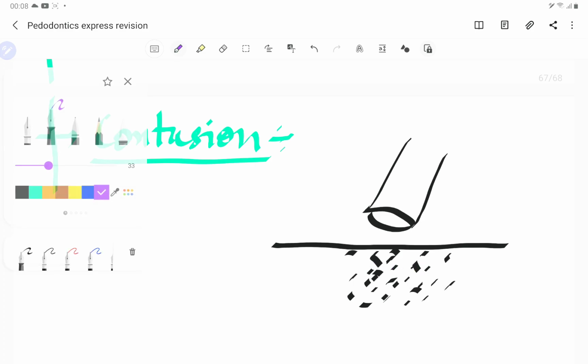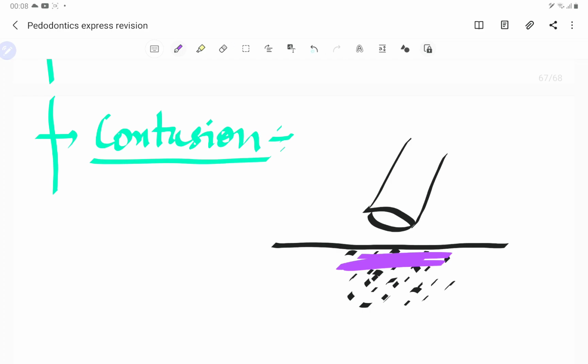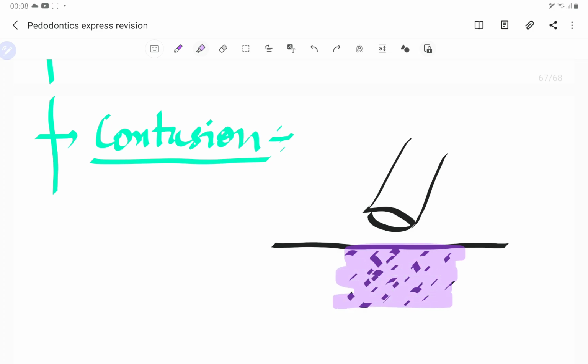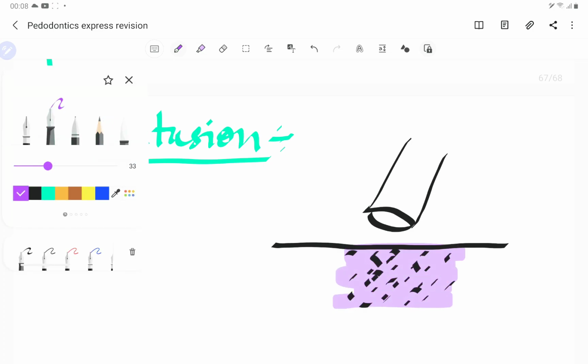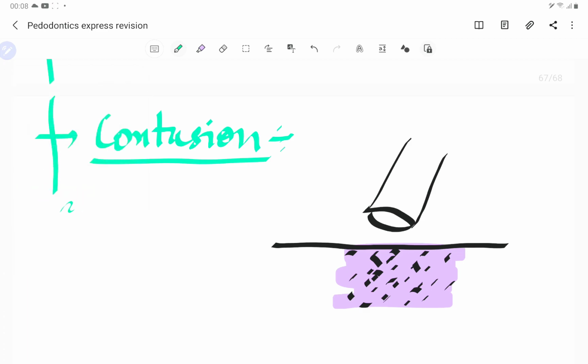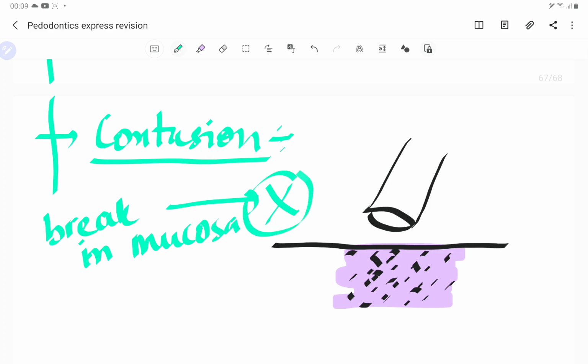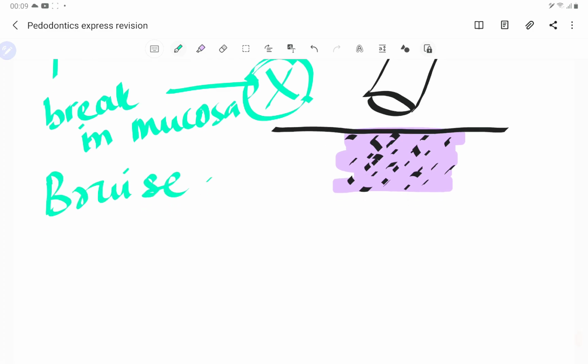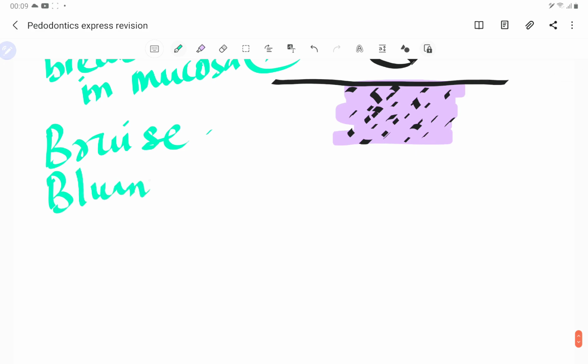Let me draw the violet area also. So there is darkening of that particular area. There is no break in the mucosa, right? Then we usually see that there is a bruising. And this is from the blunt object.